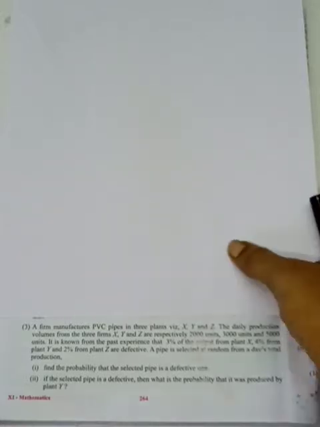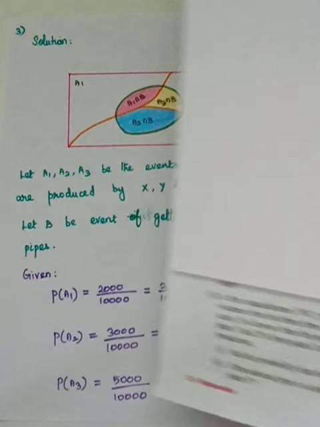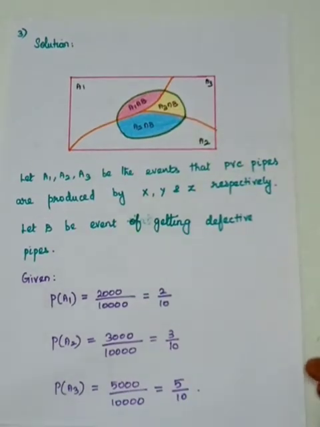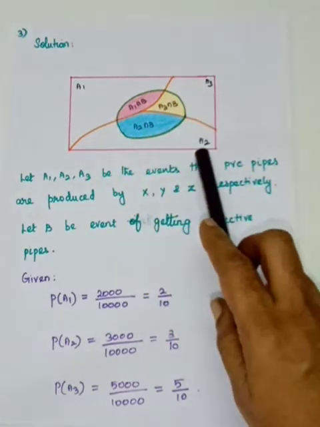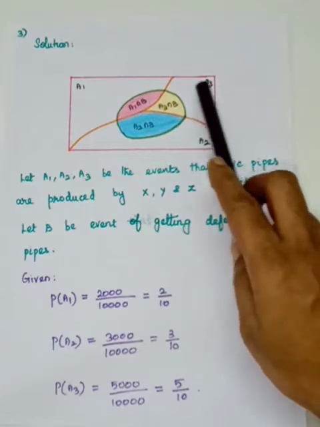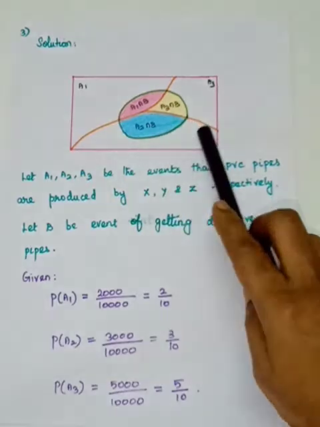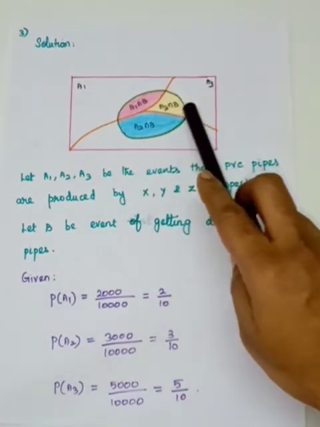Okay, so now we are going to select a pipe, and what we have to find first? Find the probability that the selected pipe is a defective one. So we are going to concentrate on the defective pipe. Okay, see the diagram here, 3 plants X, Y, Z. So therefore we need 3 events. The first event is A1, the second event is A2 and the third event is A3. So this is your A1, this part, and here this part is your A2 and this is your A3.